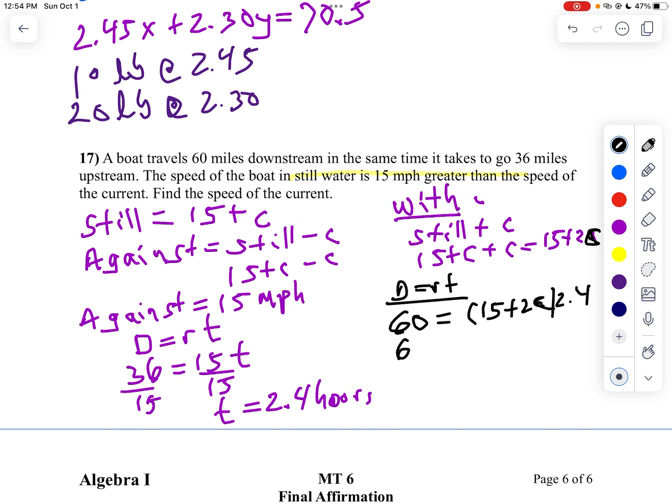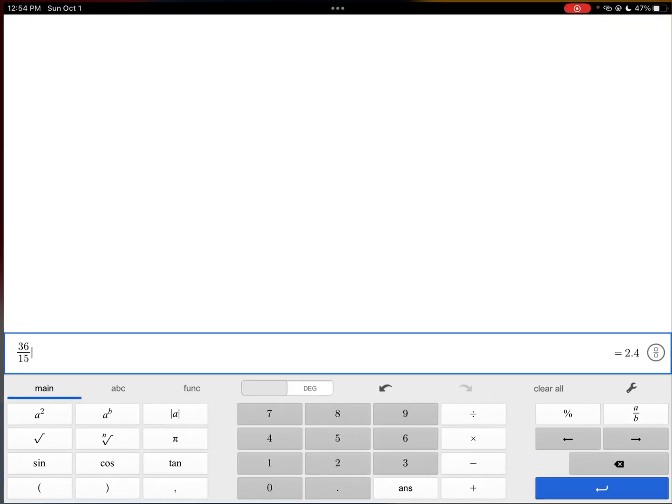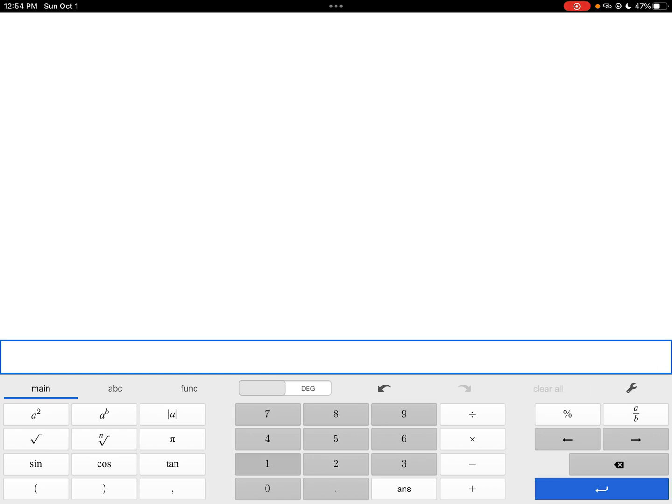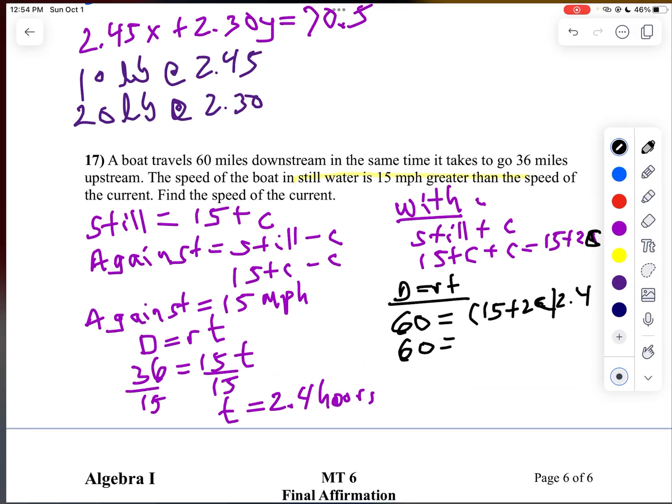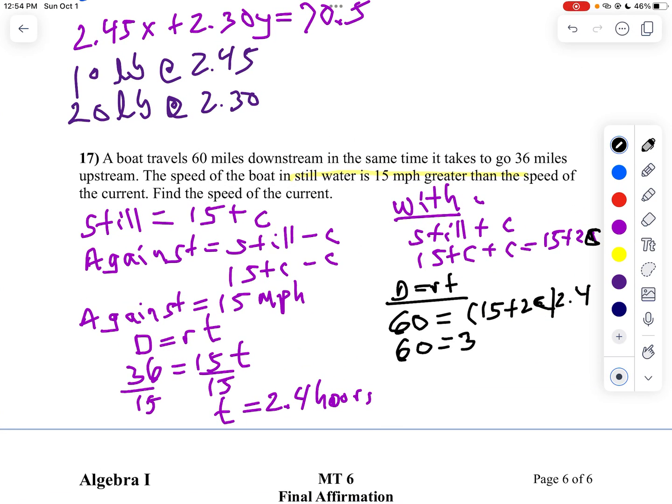So in other words, 60 equals 15 times 2.4. We'll distribute that. So 15 times 2.4 is 36. Oh, we've seen that before, haven't we? Plus 4.8C. So we subtract 36 from both sides. 36 minus 24 is 10 minus 6 is 4. 5 minus 3 is 2.